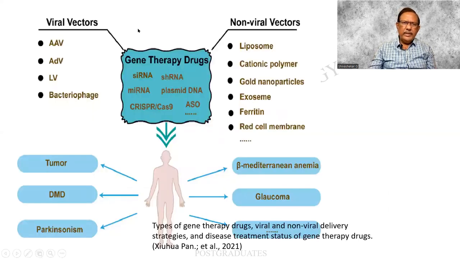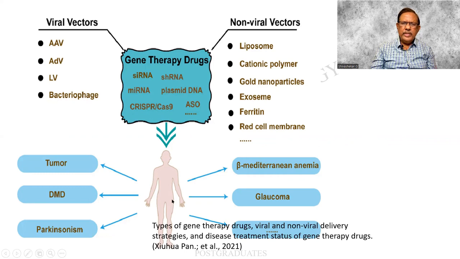There are the viral vectors, as I mentioned. These can be the various viral vectors. Sometimes there can be non-viral vectors, such as the liposome, then gold nanoparticles, exosome, ferritin, etc. So they can be used as gene therapy drugs. And they will be modifying the various forms of the RNA or the plasmid DNA, etc., as well as the CRISPR.